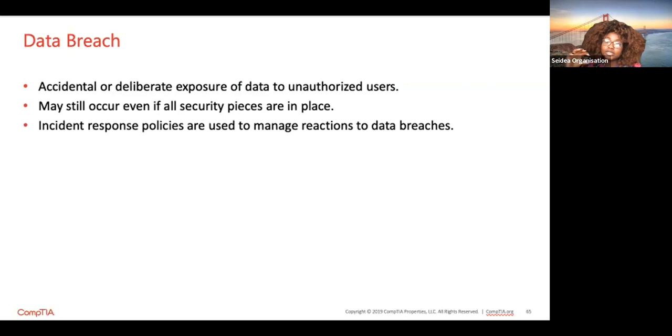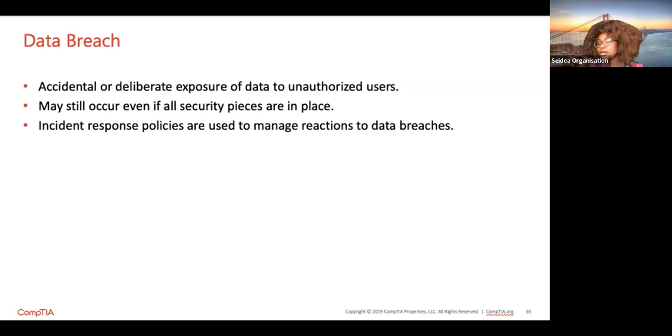Now, a key point to remember when you're looking at data breaches is that, even with robust and strong security measures, data breaches can still occur, and it's due to various reasons. It could be because of human error, or the attacks are just too sophisticated and the organization hasn't considered certain routes that the cyber threat actor can use.